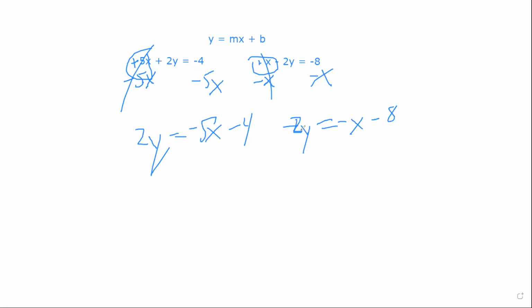Not just the 2y. Remember the golden rule. If you do something to any term on the left side, you have to do the same thing to every term on the right side. It's the whole balancing issue. We're talking about division by the coefficient, another one of those vocabulary words.